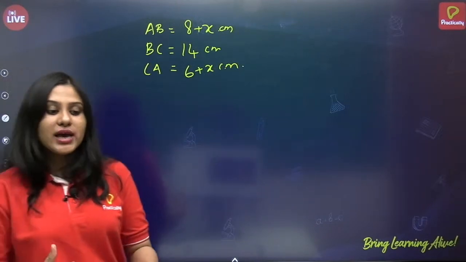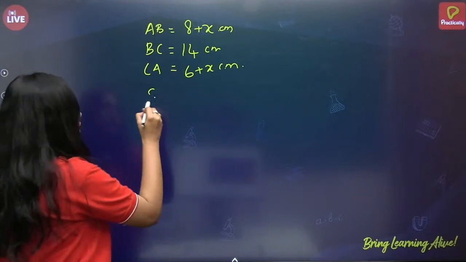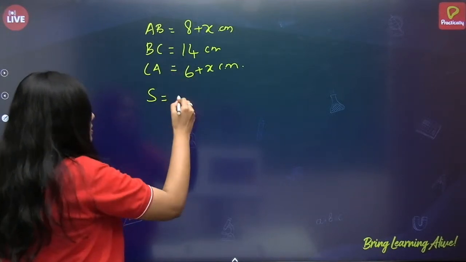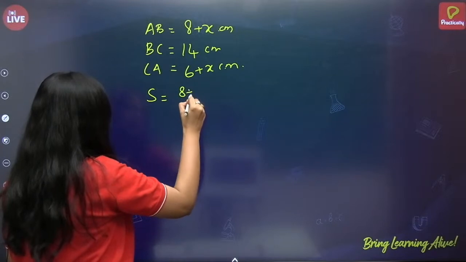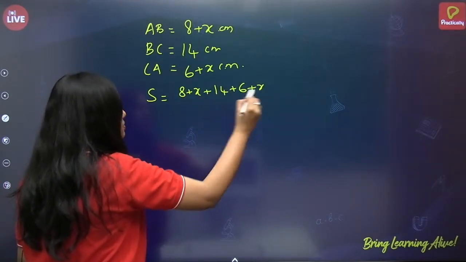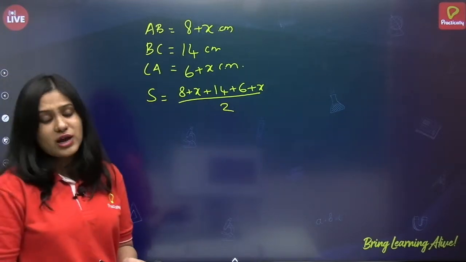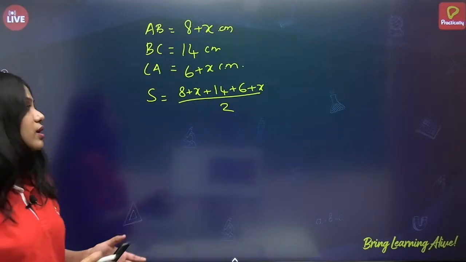So to use Heron's formula, we need to know the semi-perimeter, correct? So S is equal to (a plus b plus c) by 2. So (8 plus x plus 14 plus 6 plus x) by 2. So this is a little bit lengthy problem. So please do try, but it's one of the important problems, okay?